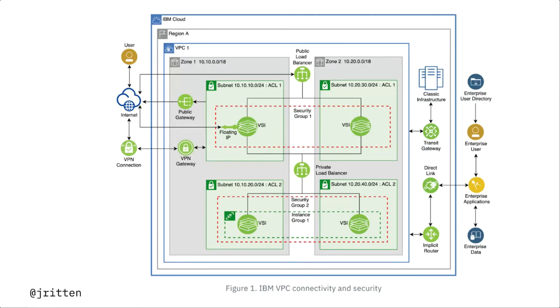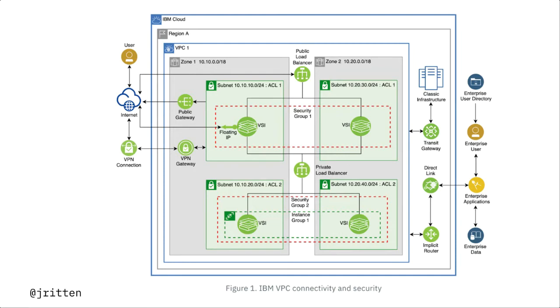In each of the regions, you can create a VPC, and that would be your virtual private cloud where you have your environment set up. And in each of those regions, we have zones. In each region, you could have two or three zones, depending on what you want to do, but you could also run your application in a single zone.